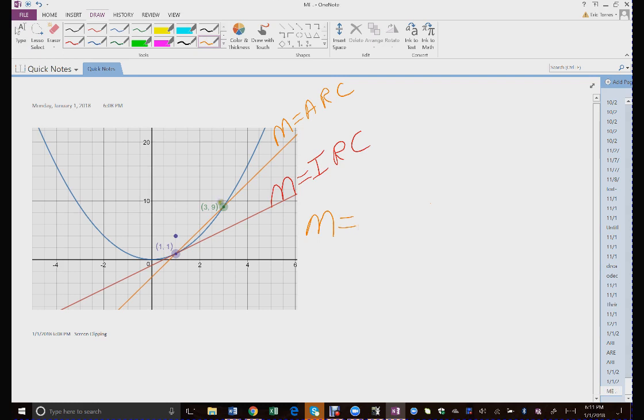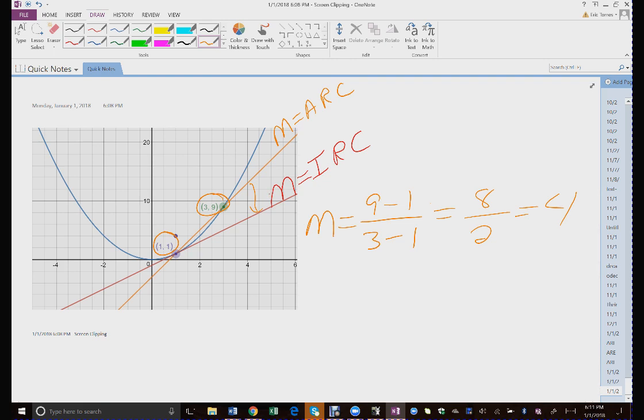I've got 2 points, and I'm just going to take y2 minus y1 over x2 minus x1, and I get 8 over 2. The secant line has a slope of 4. Now, the tangent line clearly has a slope that's smaller than 4. So how could we get this by hand?